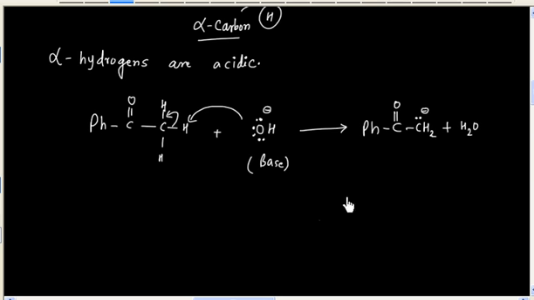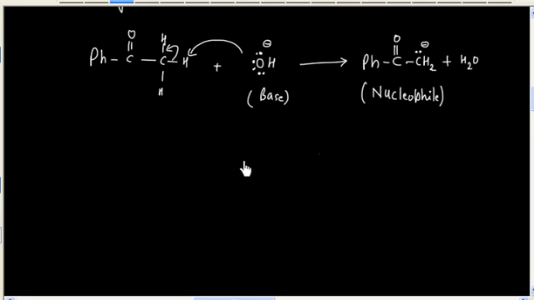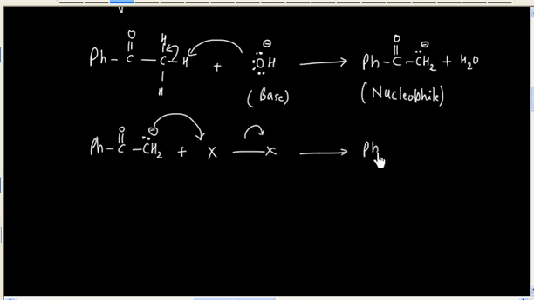In the next step, this carbanion will act as a nucleophile. So it will attack on halogen, so we will have this product.